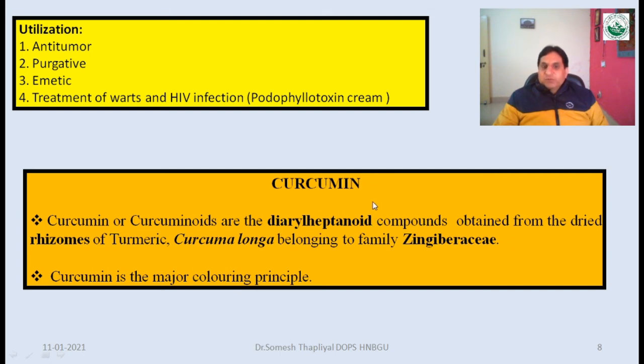Diaryl heptanoid compound means a compound which consists of two aromatic rings in its structure, and these two aromatic rings are attached by a chain of 7 carbon atoms. If you see the structure of curcumin, you can find that chemically it is a diaryl heptanoid compound. It is obtained from the dried rhizomes of turmeric, that is Curcuma longa.